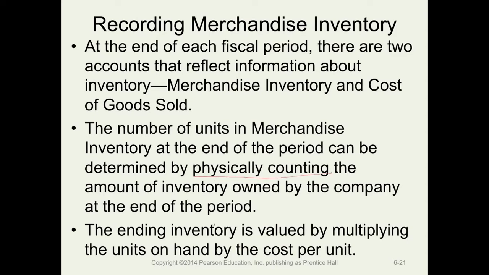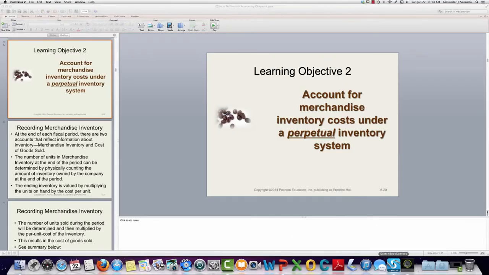And then the ending inventory is simply valued by multiplying the units on hand by the unit cost. Now, let me just get to the whiteboard with you, and I'm going to show you that when you think about the ending inventory value, that is going to be equal to the units on hand.